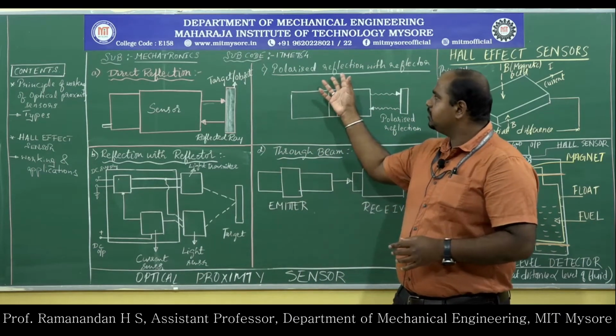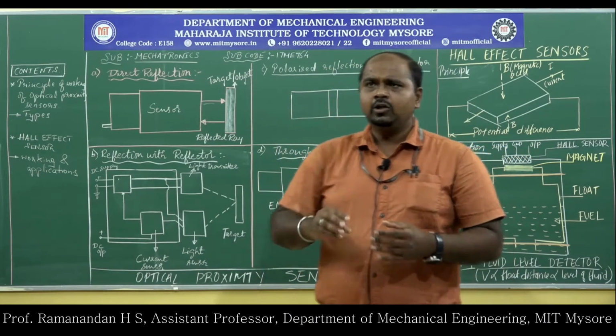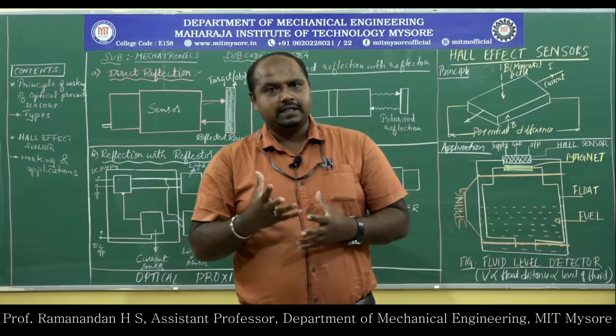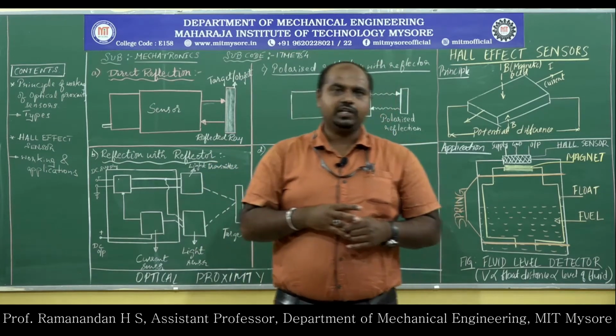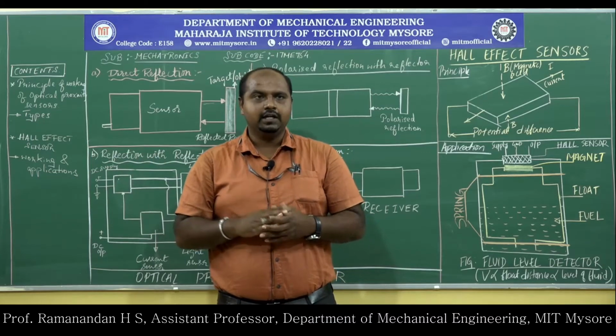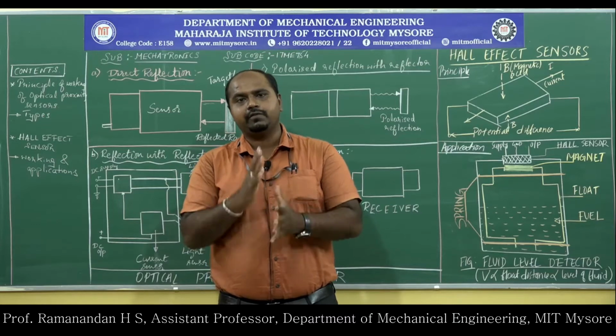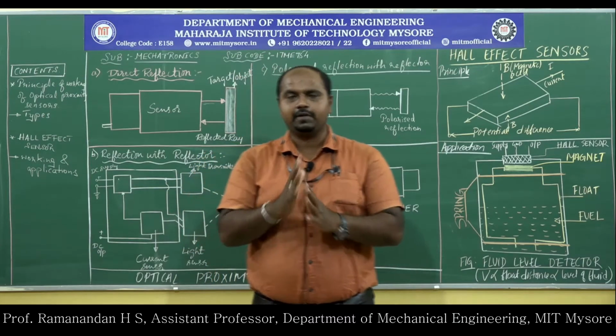The third one is polarized reflection with a reflector, the third type of optical proximity sensor. You have used polarized sunglasses. As I mentioned a few minutes back, light is a bundle of energy with various waveforms. The electric field is made up of different waveforms.